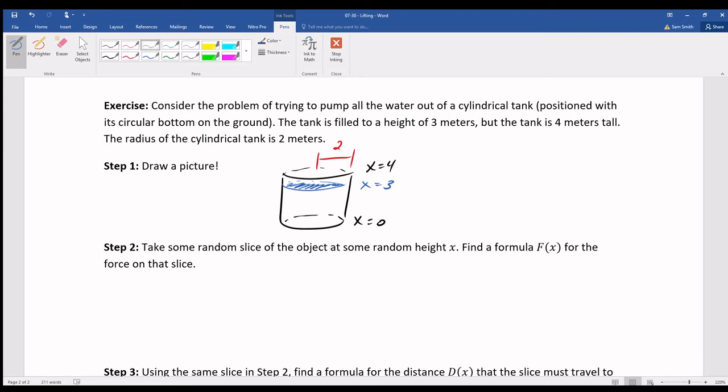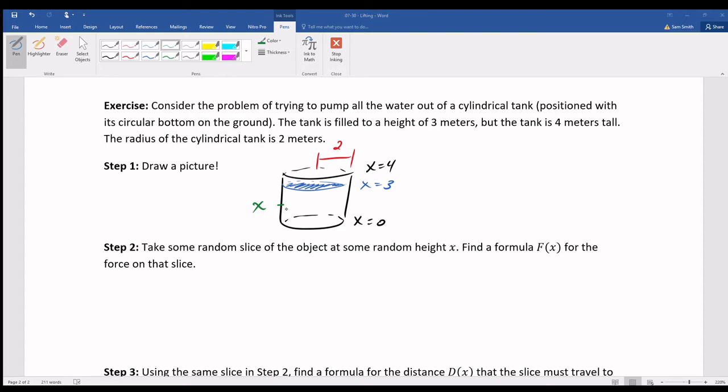So, here's the idea. Take some random slice of the object at some random height x. Maybe I'll just put my random height x right here in the picture. Find a formula F of x for the force that would be required to counteract the force of gravity and lift that slice.